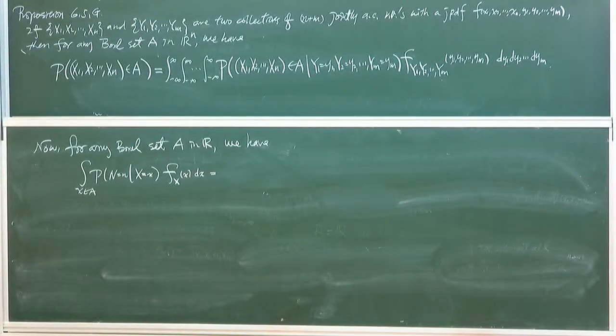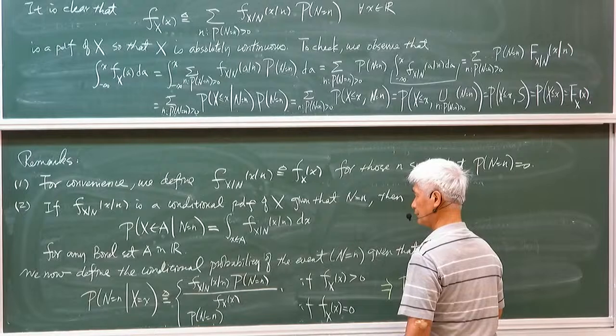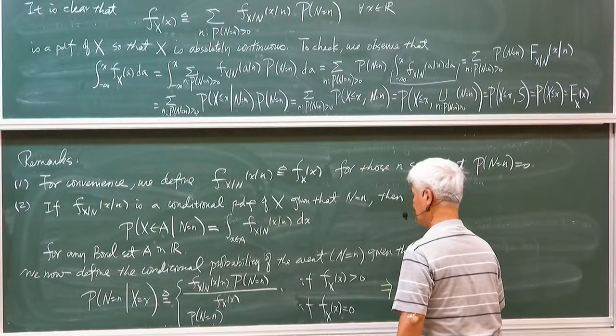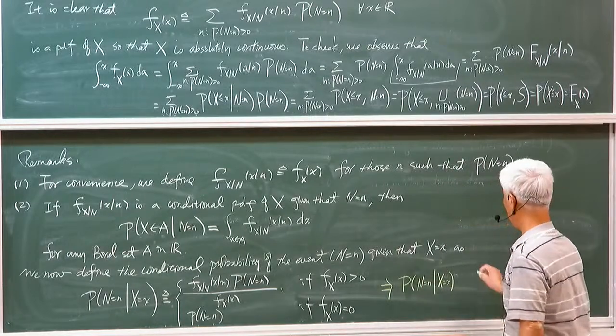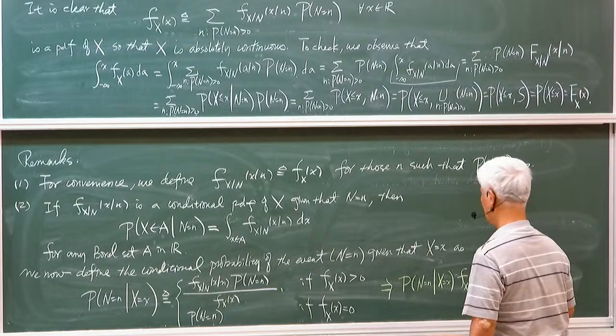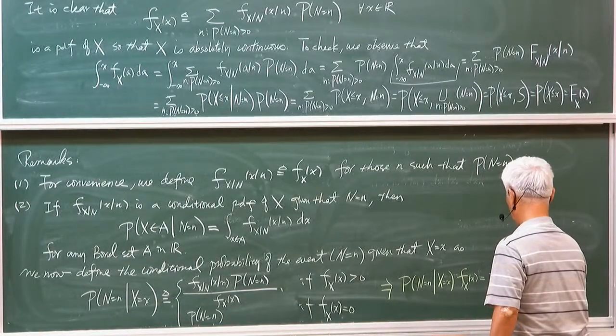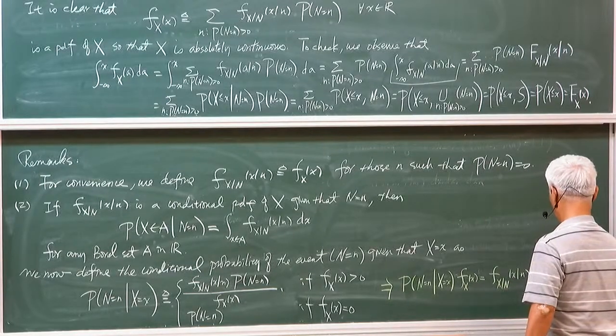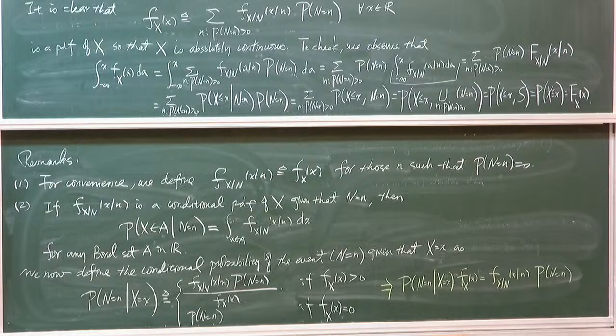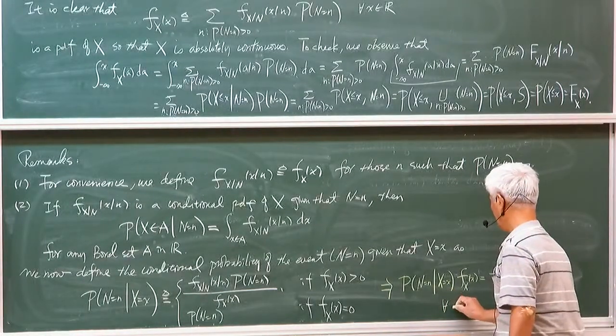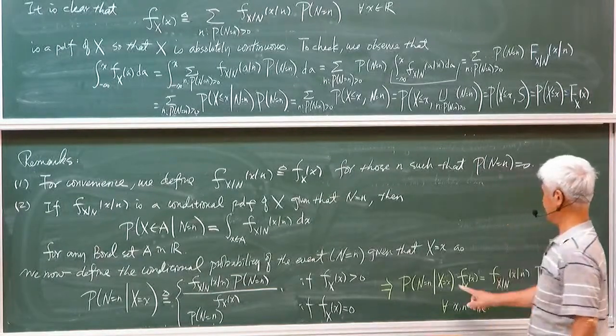So with this definition, we see that this implies that the probability of, times, is equal to, for all x in R. Okay, so we have the identity.